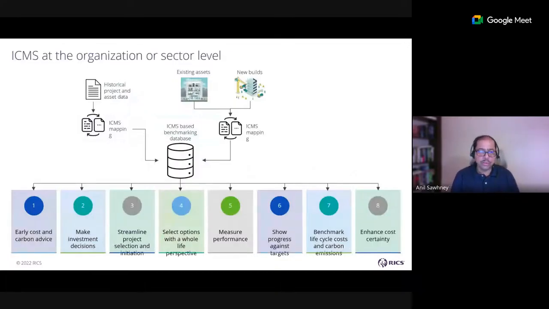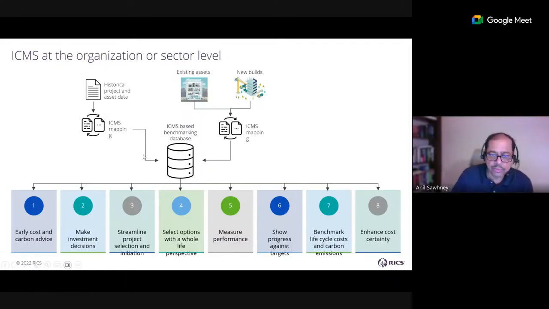So ultimately, the goal is to prepare an organizational or sector level benchmarking system using ICMS. So let's say you have hundreds of projects. In each one of those projects, you are able to do WLCA, use ICMS to classify your cost and your carbon, and you continue to store that in a database.